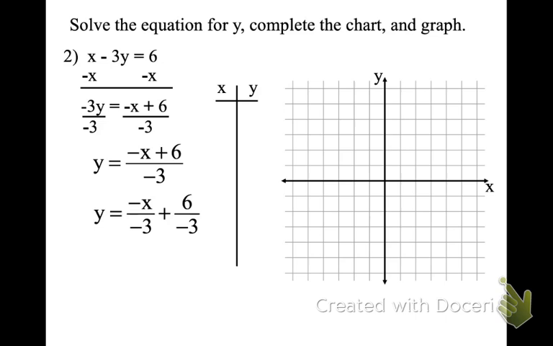So now notice we are left with a negative divided by a negative is a positive, so I'm left with 1 over 3, and x goes in the middle or on top. Plus a positive divided by a negative is a negative 2.